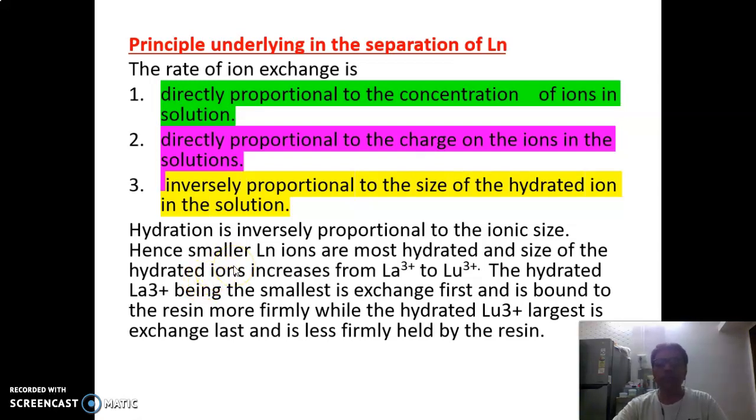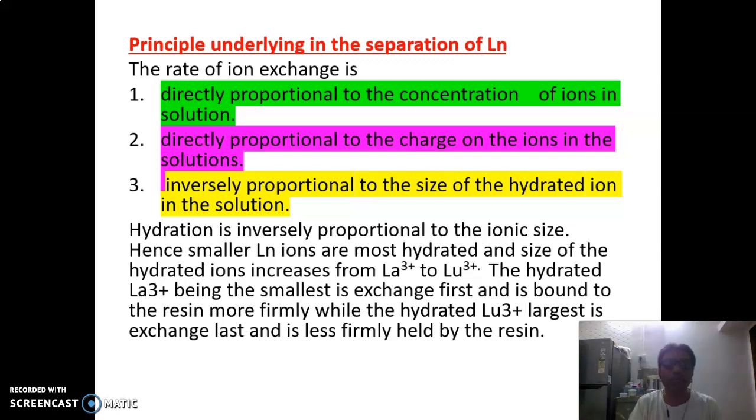So in the first video we have discussed the ion exchange method and the principles involved in it. We know that the rate of the ion exchange is inversely proportional to the size of the hydrated ion in the solution. So the size of the hydrated ion plays an important role in the separation of the lanthanon.